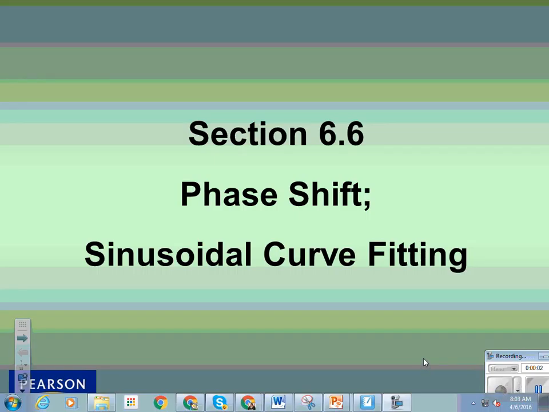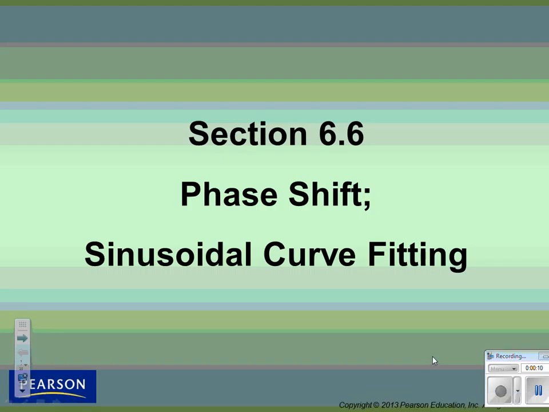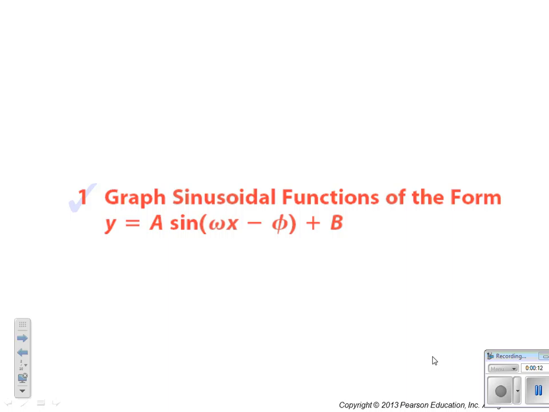Okay, so last section, chapter 6, phase shift sinusoidal curve fitting. So our parent function is going to be A sine(omega x minus phi) plus, I would call this a b, but I think that it would be a beta, B-E-T-A, beta.